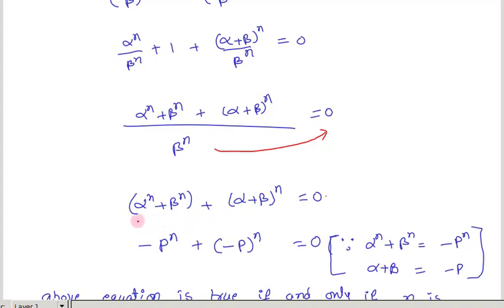And we know that this value is minus p to the power of n. We also know that alpha plus beta is minus p, and substituting this value, the above equation can be written as minus of p to the power of n plus (minus p) whole to the power of n is equal to 0.